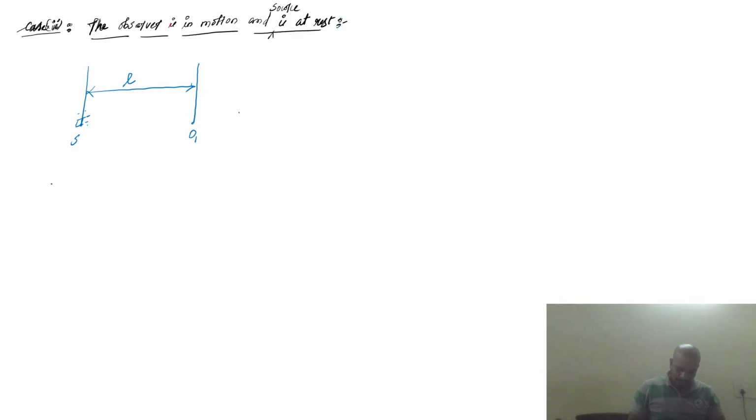At time t equal to t1, the source is emitting the first crest.